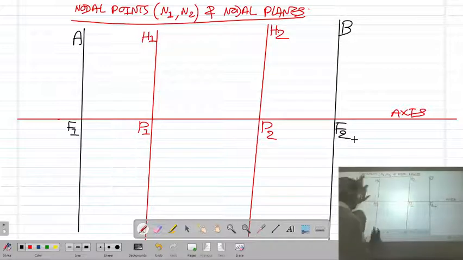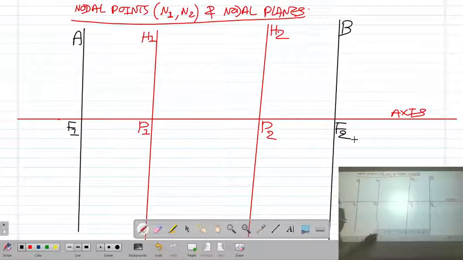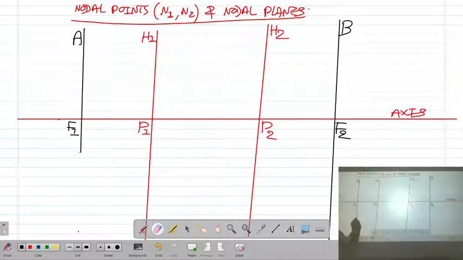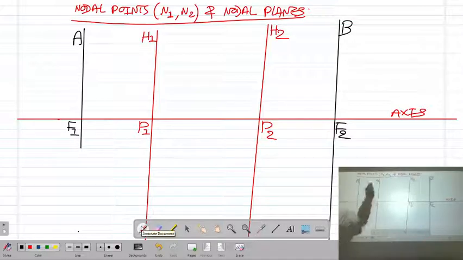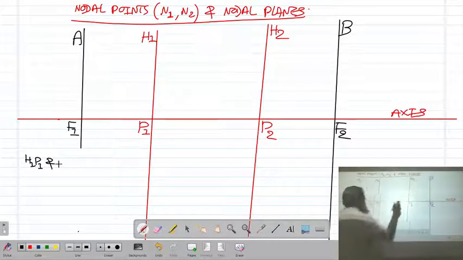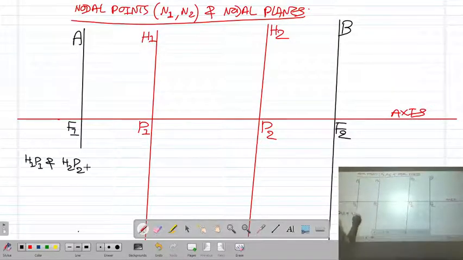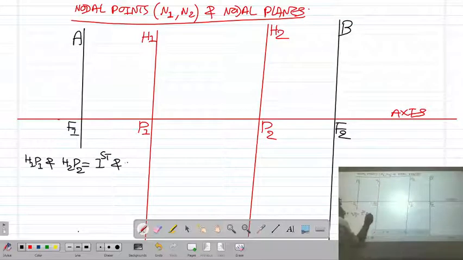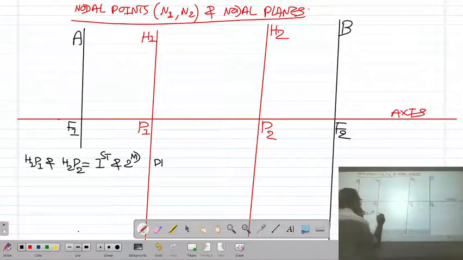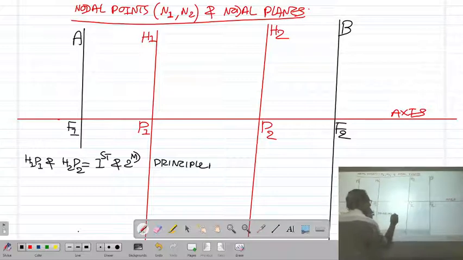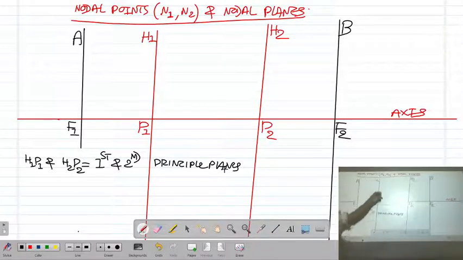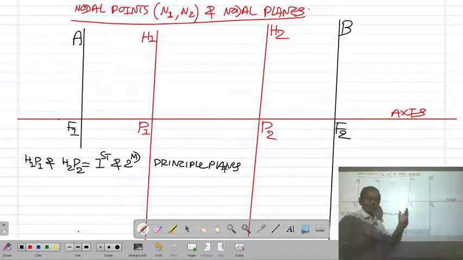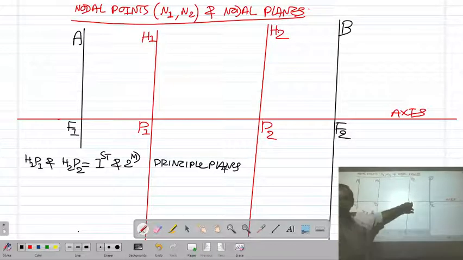So H1P1 and H2P2 are the first and second principal planes. P1 is the first principal point, P2 is the second principal point.